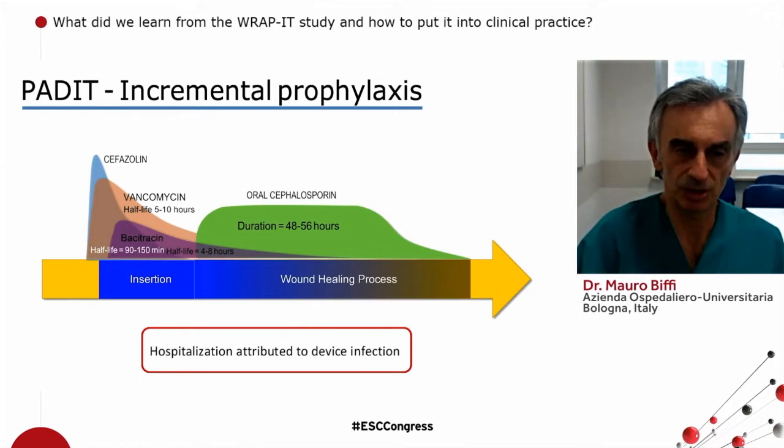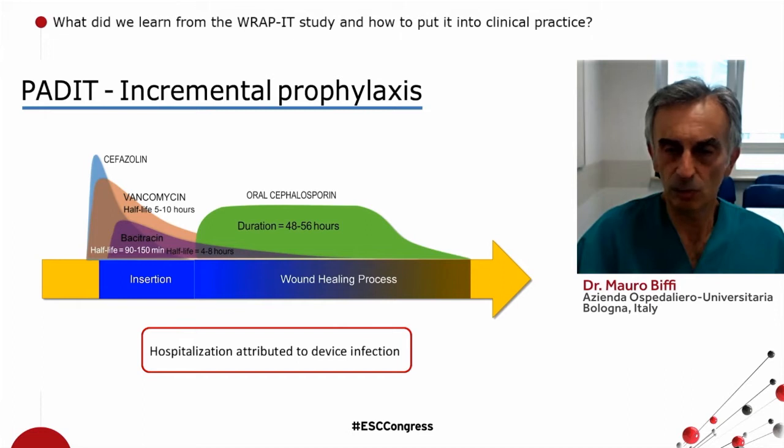The PADIT trial involved a prophylactic strategy of prolonged antibiotic prophylaxis over the time needed to have nearly complete wound healing, meaning 7 to 10 days, with both short-acting and long-acting IV prophylaxis, plus pocket wash, plus oral cephalosporin up to the 7th day.